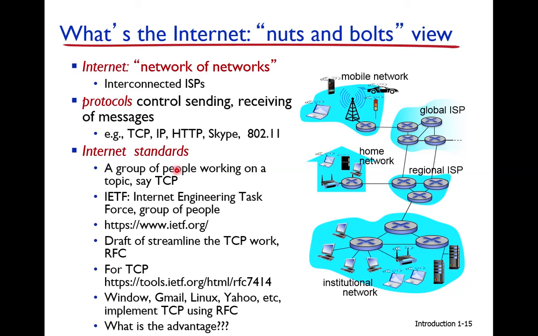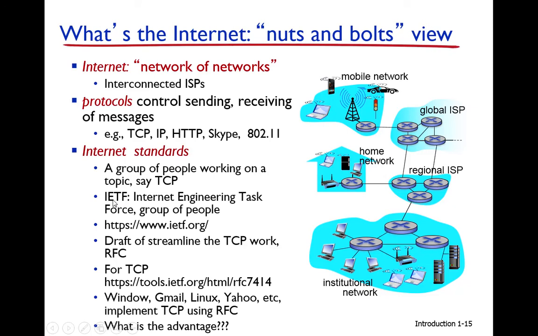For example, there are people in America, Australia, Canada, Pakistan, and India. These people are working on different aspects of the TCP protocol, and they suggest and propose different functionality in different ways.